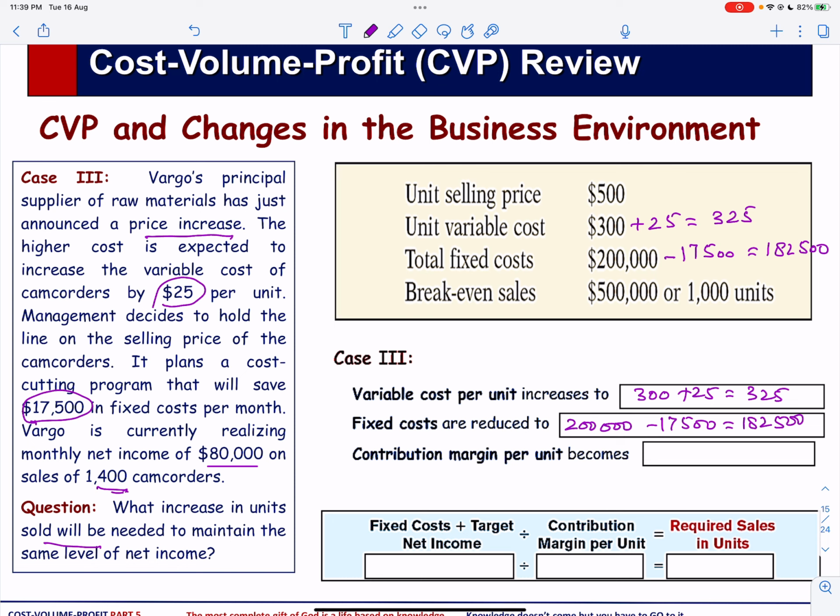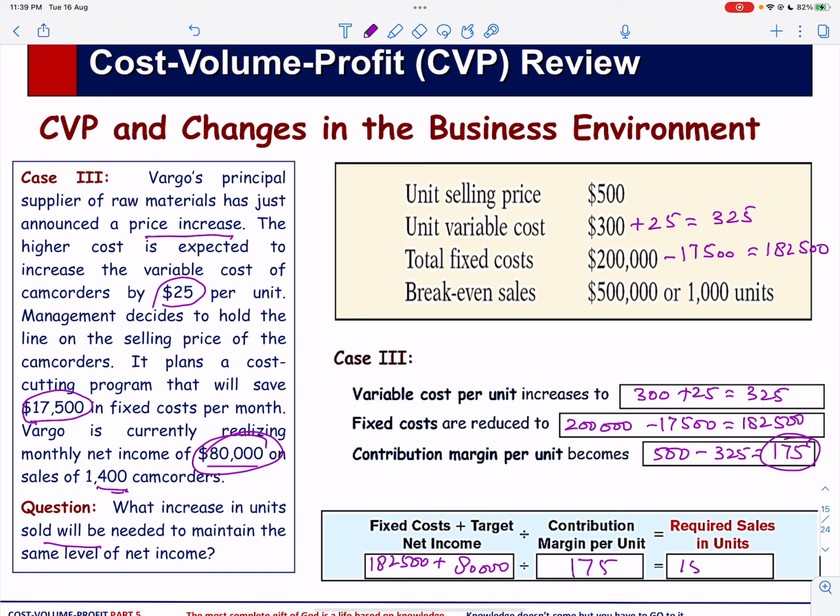So the contribution margin now will be sales 500 minus variable cost 325, that is 175. So the fixed cost is going to be 182,500 plus 80,000, the net income we want, divided by contribution margin per unit, and we have just now calculated this as 175.